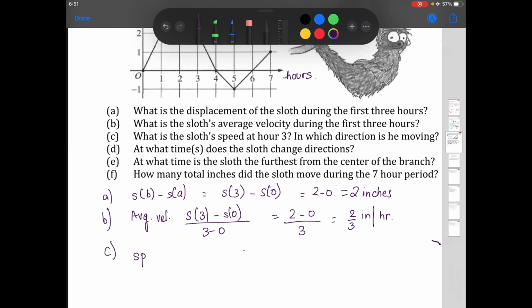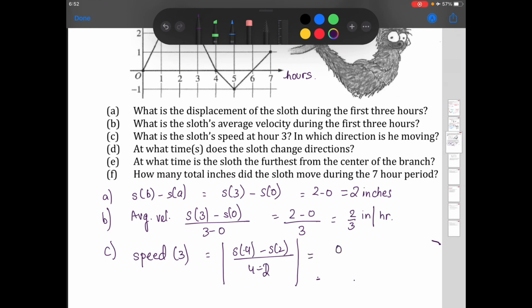So let's write this down here. I want to find my speed at 3, so I'm going to be taking the absolute value. So my 3 is here. If I find the absolute value between S of 4 and S of 2, that will give me the speed at 3.